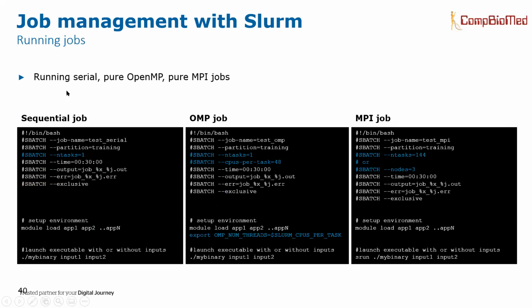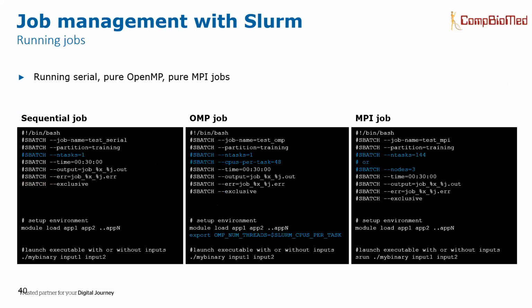As I said, it depends on the applications. Some applications have only a sequential, or serial, implementation, so you only need one task or one core to launch your application. Sometimes you have applications with parallel execution.